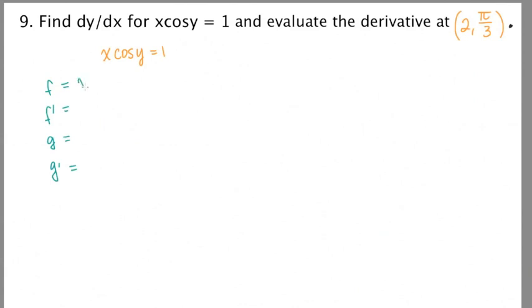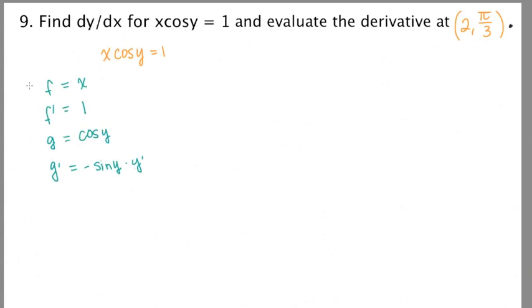The first function is x, its derivative is 1. The second function is cosine of y. The derivative of cosine is negative sine. So it's negative sine y, and then it's going to be y prime, or dy dx.